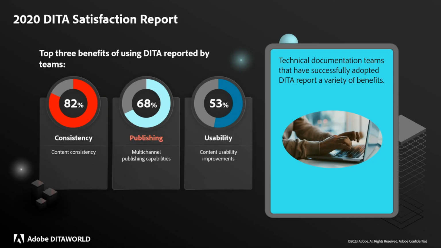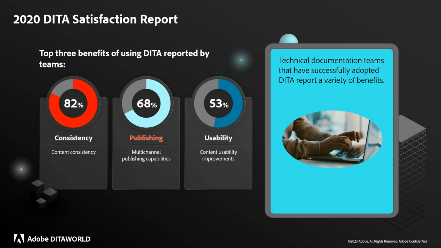82% consistency, right? Following a consistent structure is critical for developing content that's consistent and reusable. The second benefit is publishing. 68% of the users reported that one of the main benefits is publishing, being able to take your content and publish it to multi-channels, whether it be PDF, HTML, or any other type of output that may be needed.